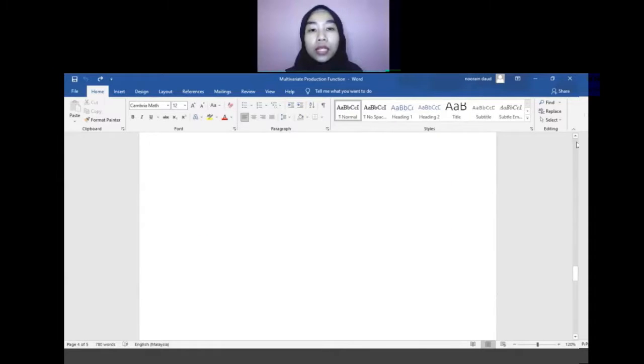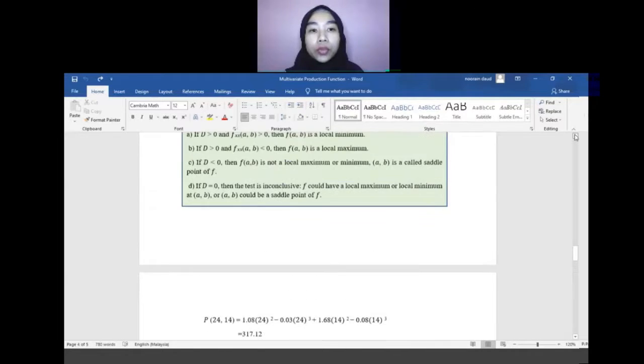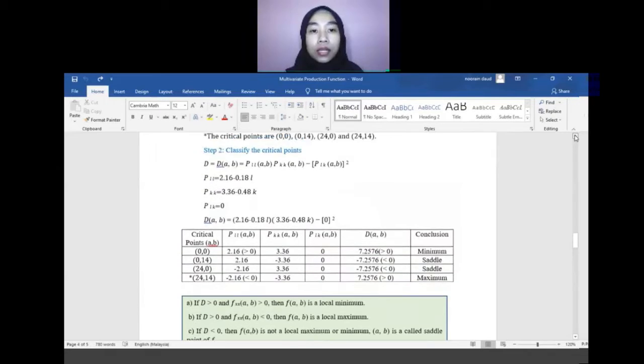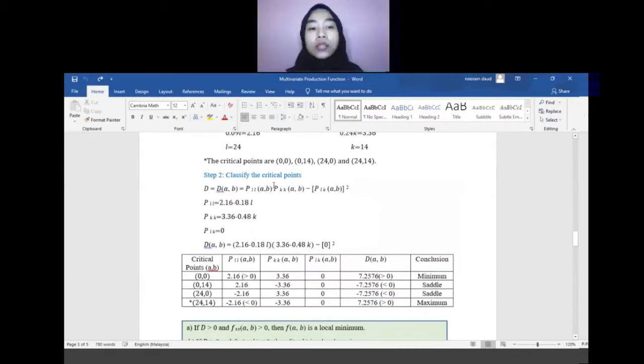Okay, then the second step is we need to classify the critical points. This is the equation stated in theorem 5.